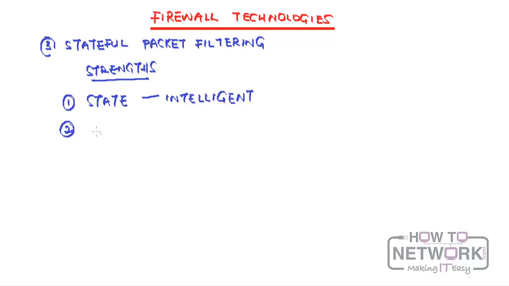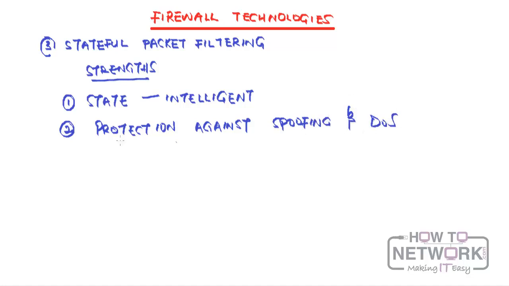Now it also provides protection against spoofing and denial of service attacks. And this is still because of the state table that it keeps. Another advantage is that it can be used as a first line of defense, and it is actually being used as a first line of defense in several organizations.